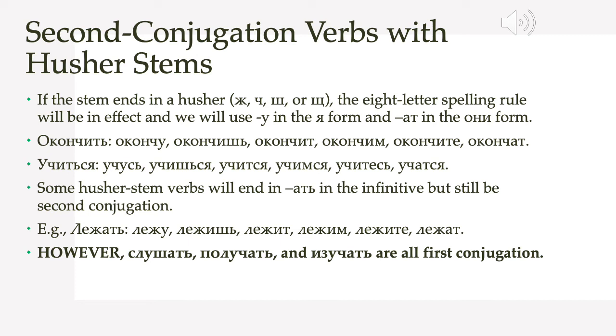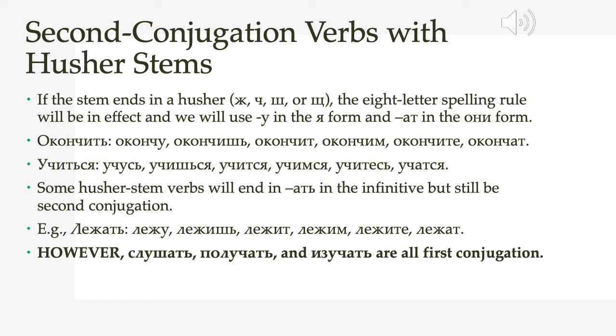There's a small but important class of husher stem verbs that end in ать in the infinitive, but they still are second conjugation, and so we chop off the ать and add second conjugation endings directly to the consonantal stem. A common example would be лежать, to lie or be lying, as in to be in a lying position. So we have лежу, лежишь, лежит, лежим, лежите, лежат.